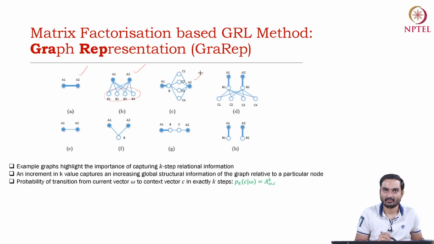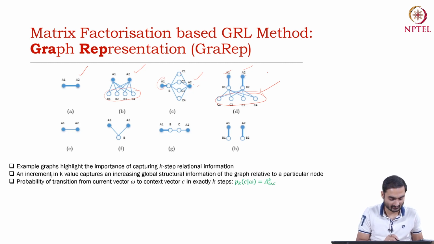If you look at this one, A1 and A2 are not directly linked, but A's 2 hop neighbors, A1's 2 hop neighbors and A2's 1 hop neighbors are similar. Again, A1 and A2 are not directly connected, but they are similar in 2 hops. In 2 hops all the neighbors are connected, and so on and so forth.